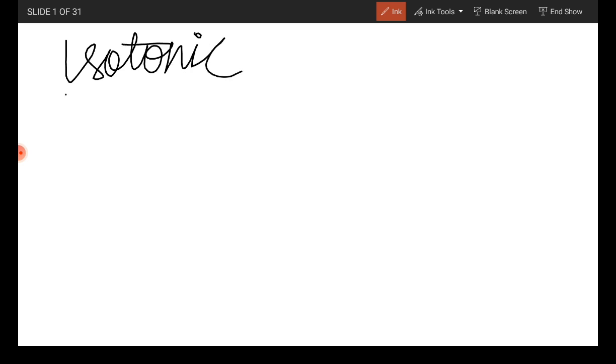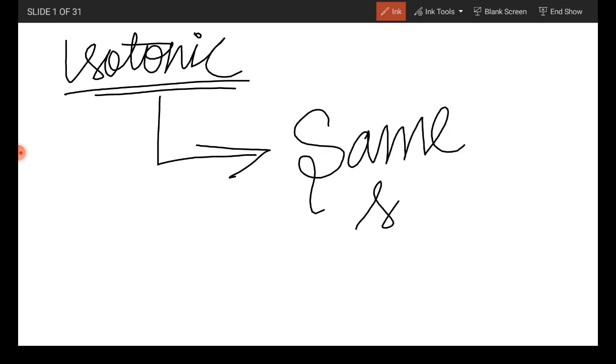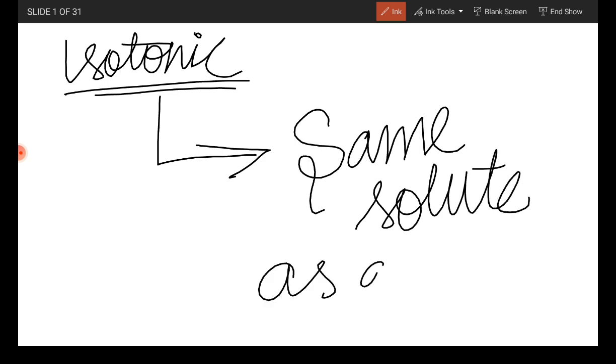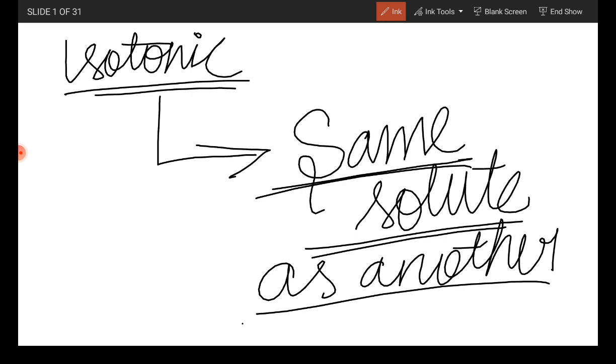A solution that has the same solute content as another.